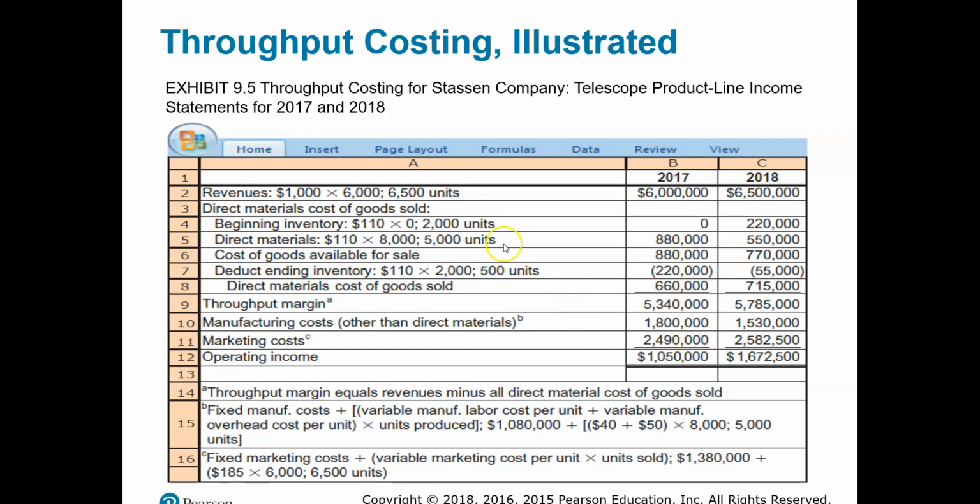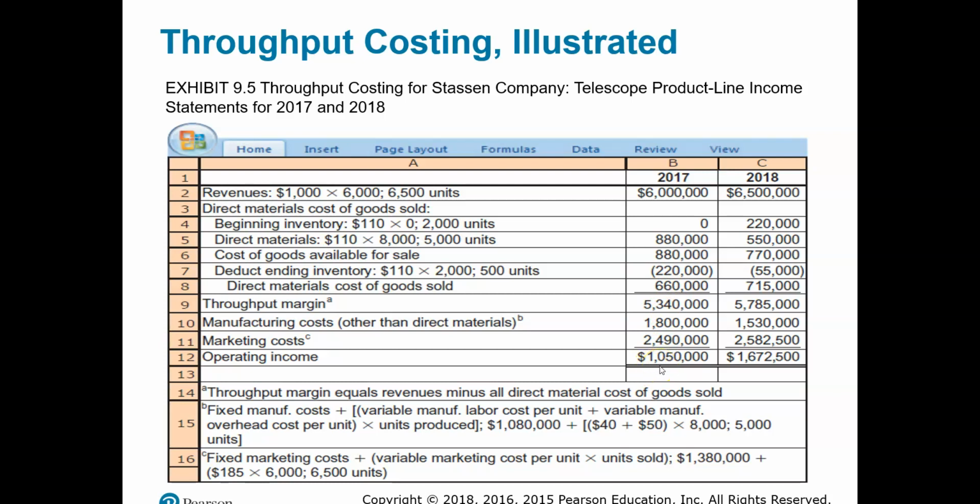So the cost of goods sold is only the cost of direct materials, $110 per unit, times the number of units sold, 6,000, which gives us 660,000 here. And we have a new measure called throughput margin, which is revenue minus direct materials cost of goods sold. Everything else is expensed off to get our operating income.